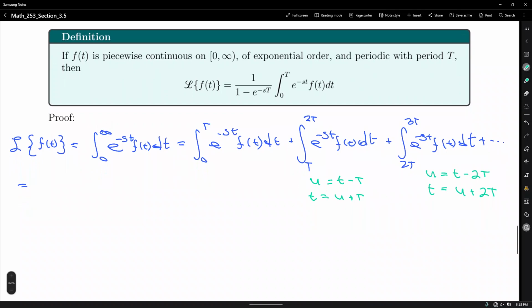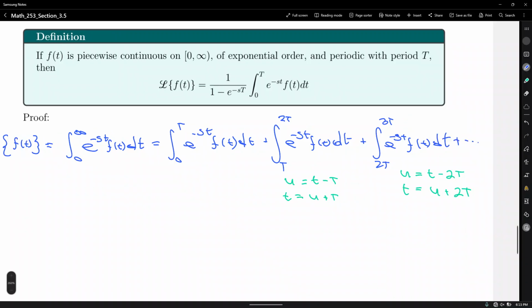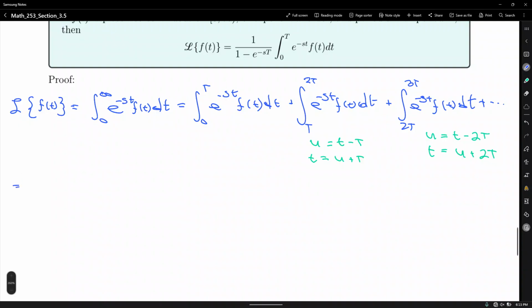So the first integral, guys, remains the same, no problem. That equals the integral from 0 to T, the first stop, of f of t e to the negative st dt, plus the integral from 0 to uppercase T of f of u e to the negative s times u plus T, du.